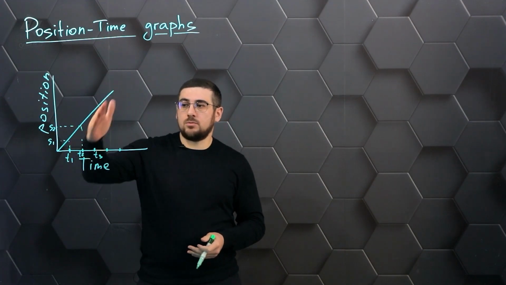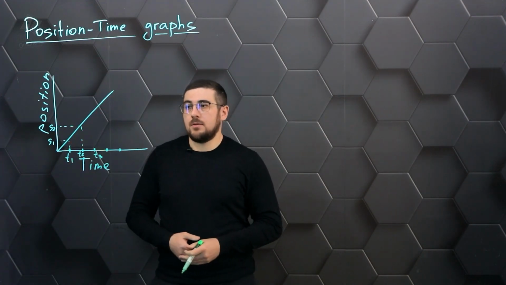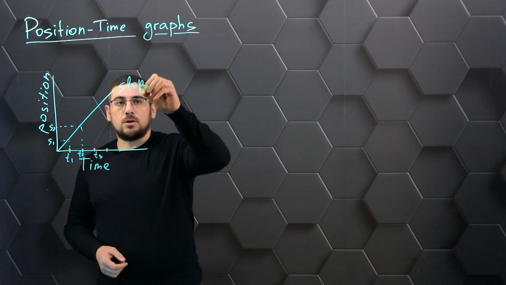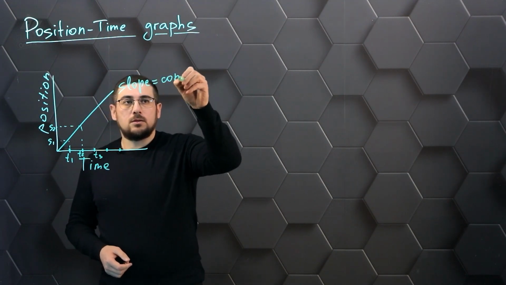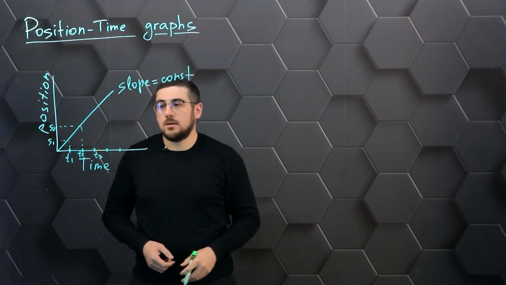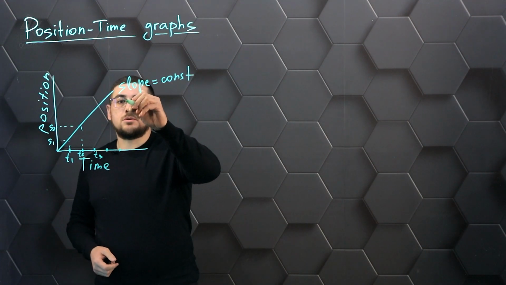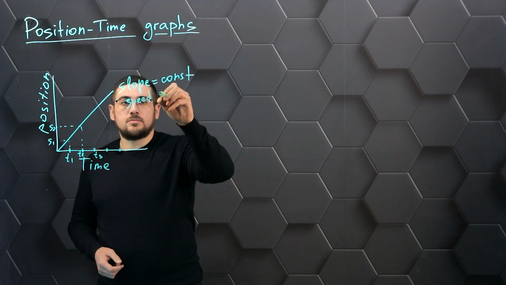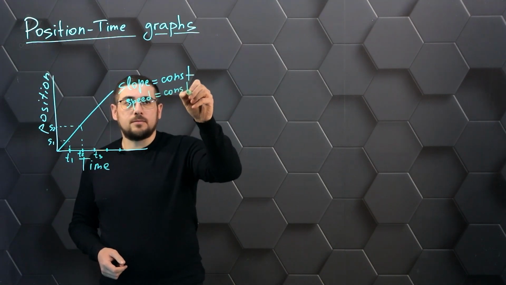That is, we determine this precisely by the angle of inclination of this graph. So we can write that if the slope angle is a constant, then therefore the velocity will also be constant.